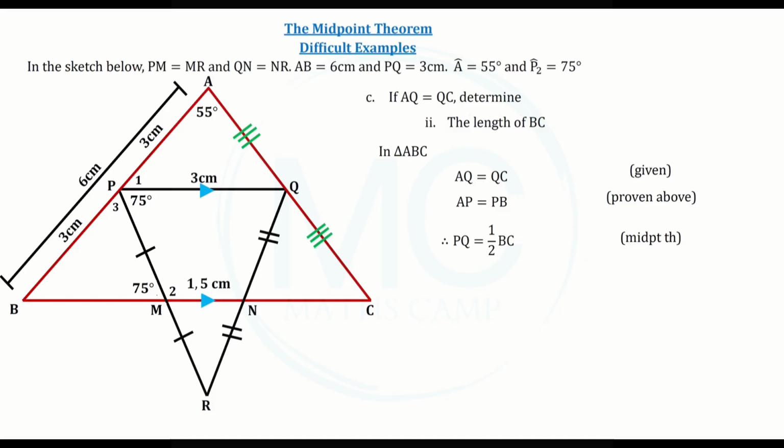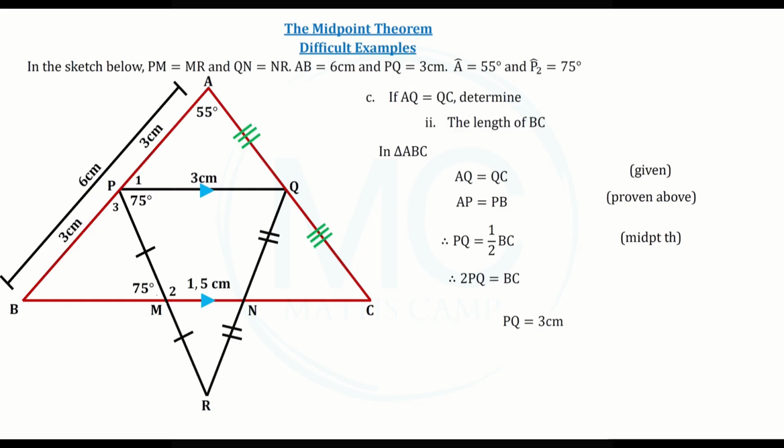If PQ is equal to half of BC, then if we multiply both sides by 2, we see that 2 multiplied by PQ gives us the length of BC. This is what we're looking for. We know that PQ is 3 centimeters long, so let's make a note that PQ is equal to 3 centimeters.